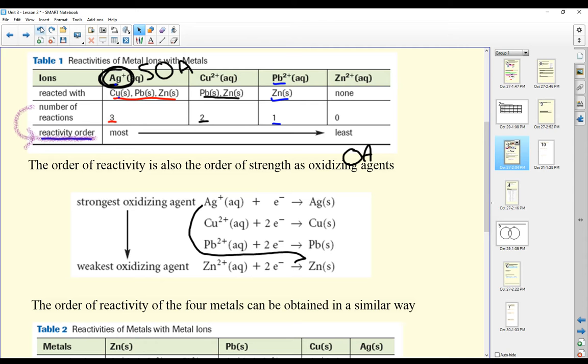Whereas, this reaction between Ag plus and Cu solid is not as spontaneous. So another way you might think about this is when we think about bonding, we can think about dipole, that if we have sodium and fluorine, that's a very strong polar molecule.